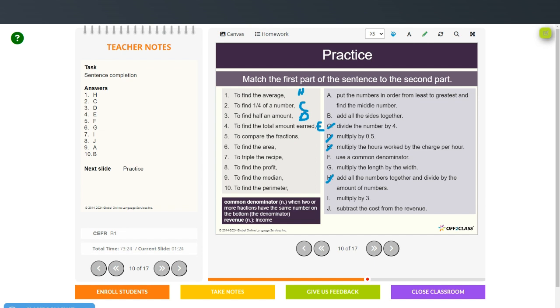To compare fractions, you would need to use a common denominator. To find an area, you would need to multiply the length by the width. To triple the recipe, you would need to multiply by 3.